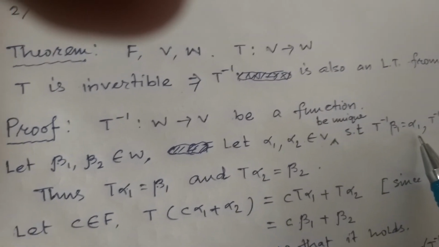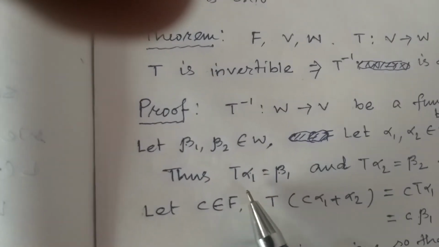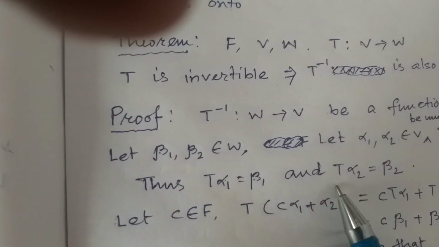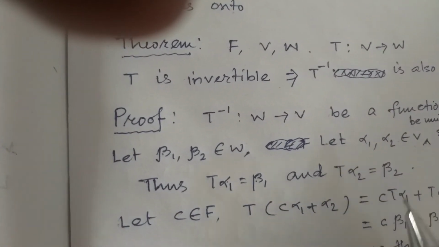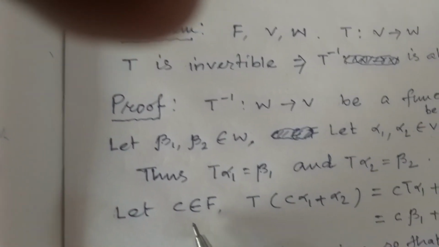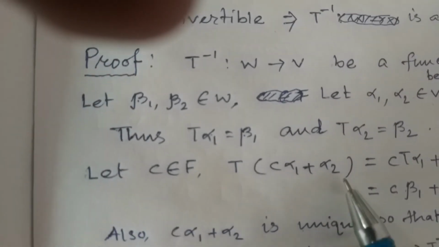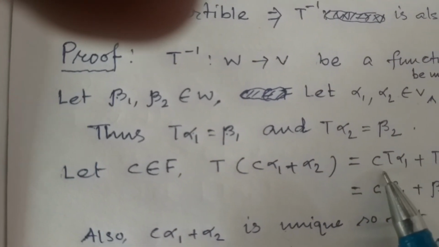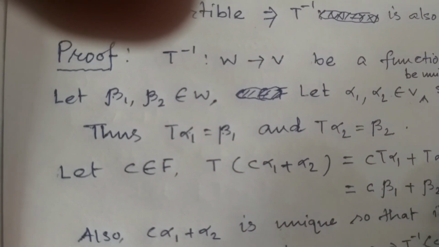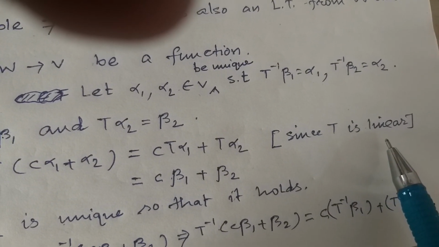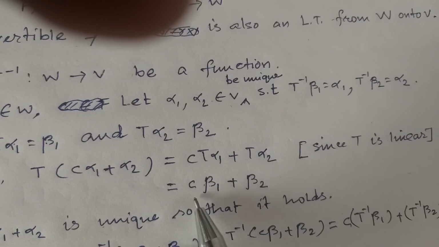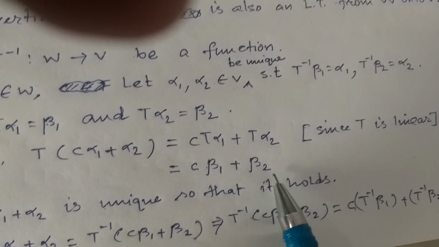Therefore, T alpha 1 equal to beta 1 and T alpha 2 equal to beta 2. Now C be a scalar, so T of C alpha 1 plus alpha 2 can be written as C T alpha 1 plus T alpha 2, because T is a linear transformation, which is given. So this is equal to C into beta 1 plus beta 2.